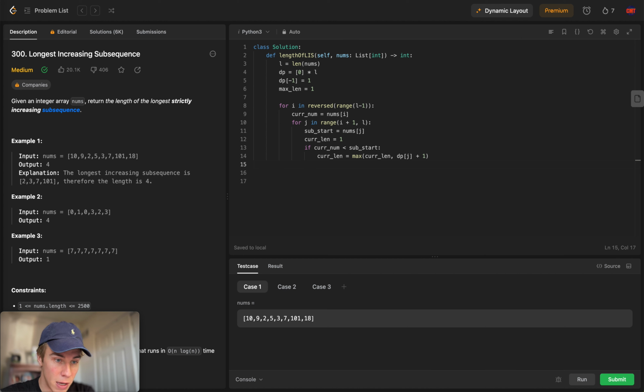What is current length now going to be? Current length is going to be equal to dp at I. Dp at I is equal to current length.